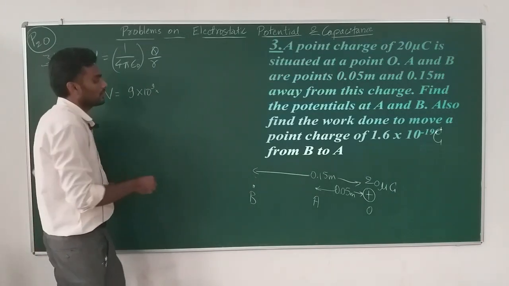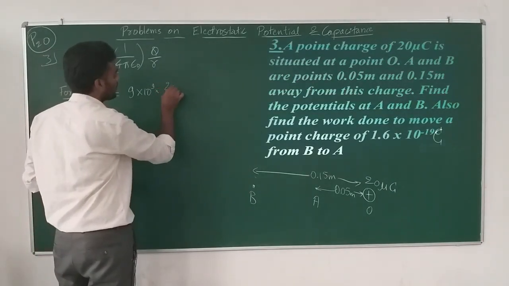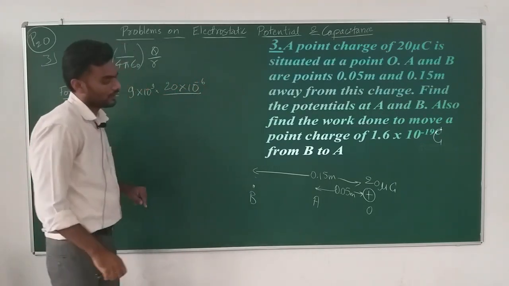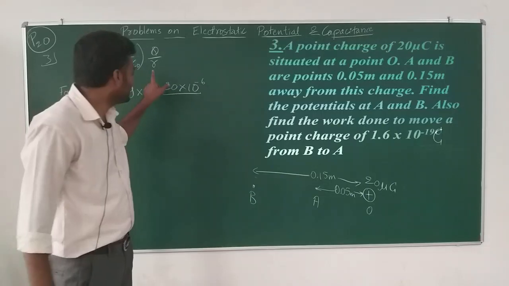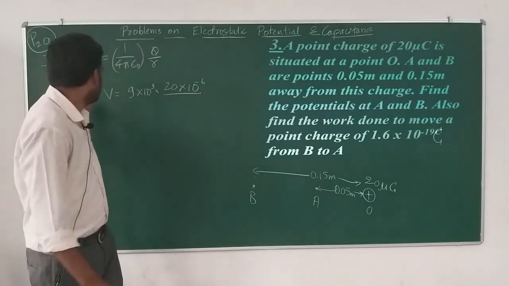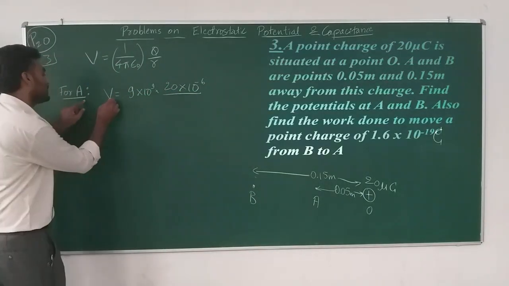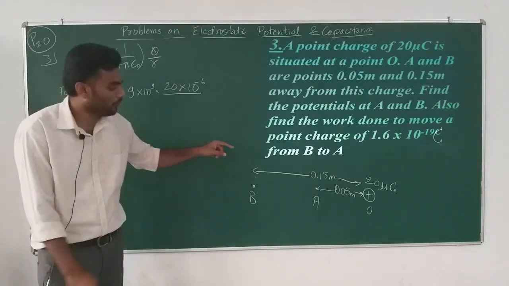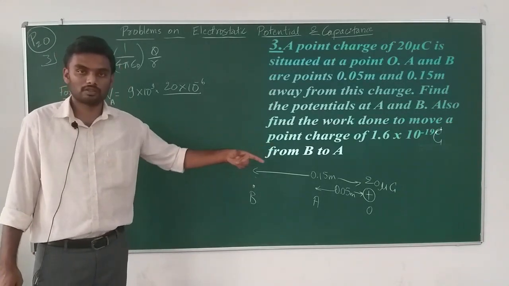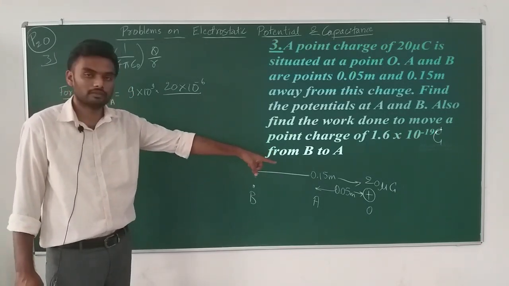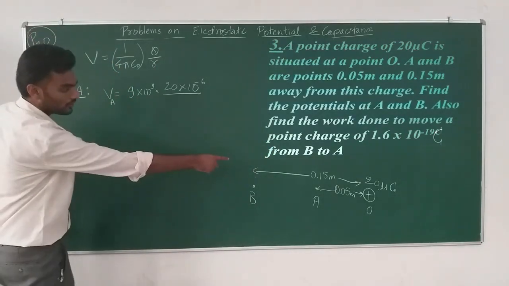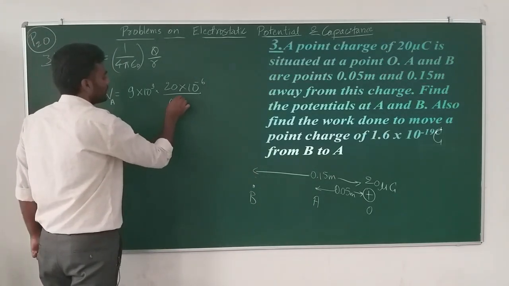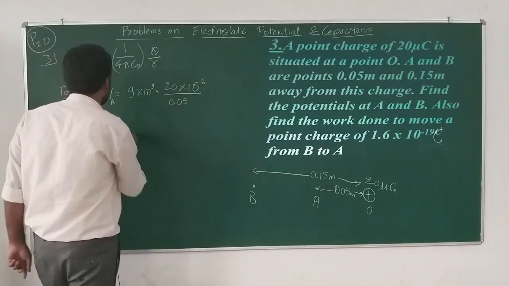So the charge we have is 20 microcoulomb, 20 into 10 to the power of minus 6, divided by R, the distance from point A. Let me name this as V subscript A, VA. R is the distance from point A to the charge O, the 20 microcoulomb charge, which is 0.05 meter.